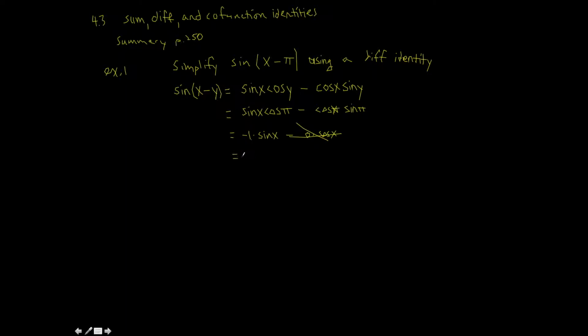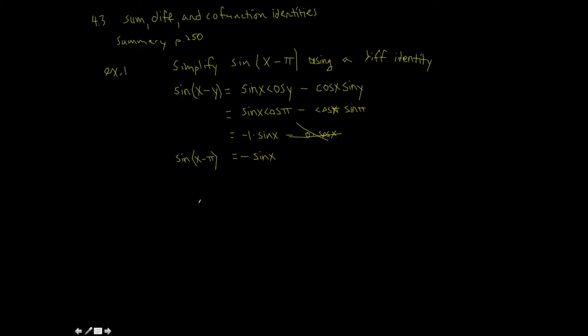So really what we have is negative sine x here. So the sine of x minus pi equals negative sine x. That would be how we simplify that.